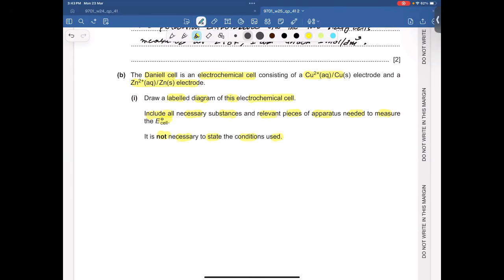So obviously, we need to make a diagram here.